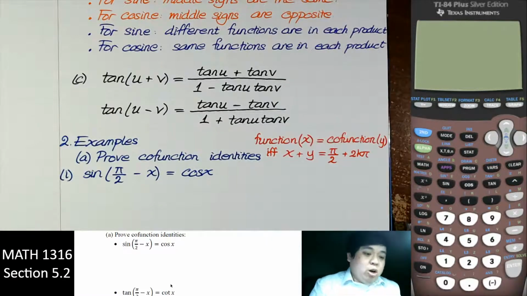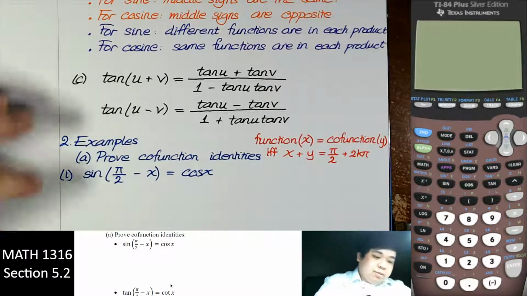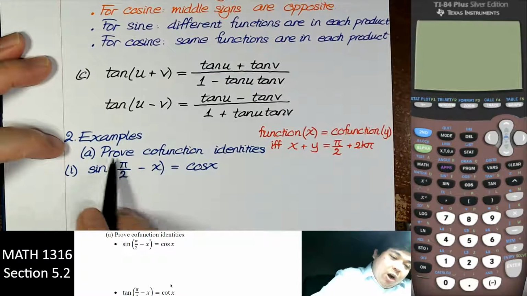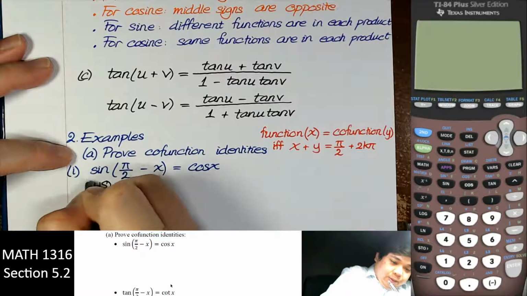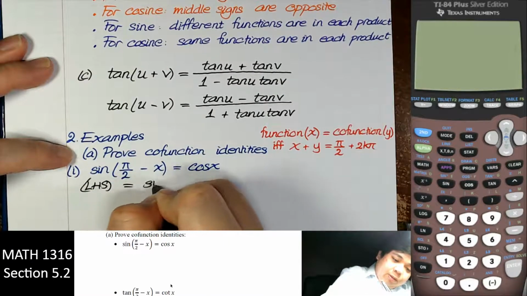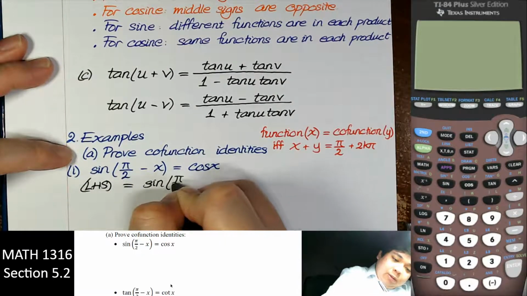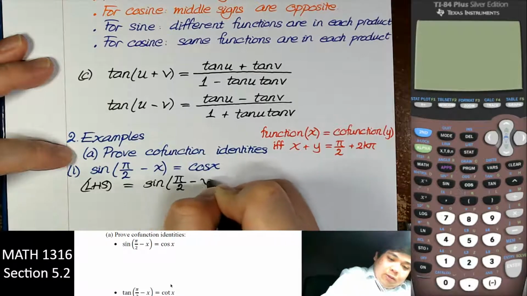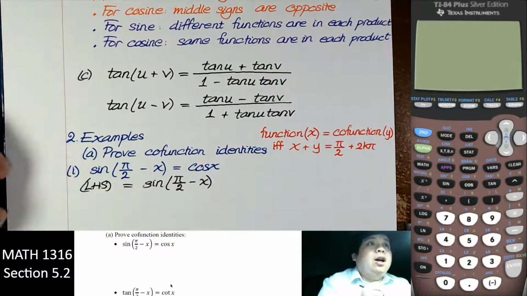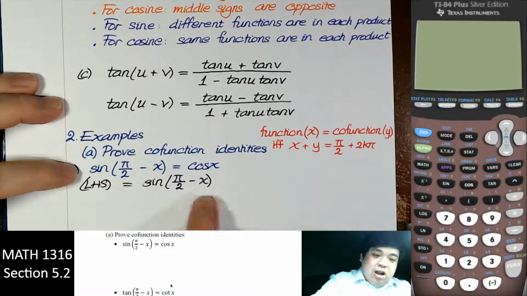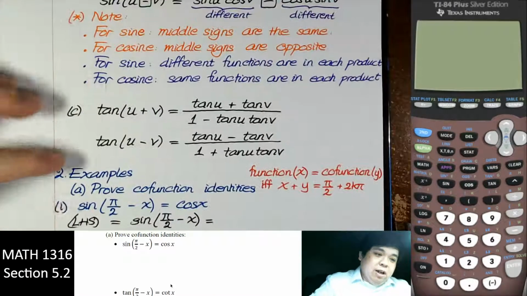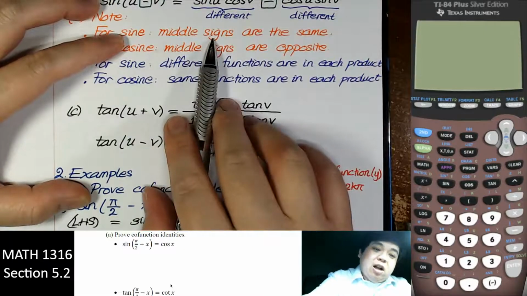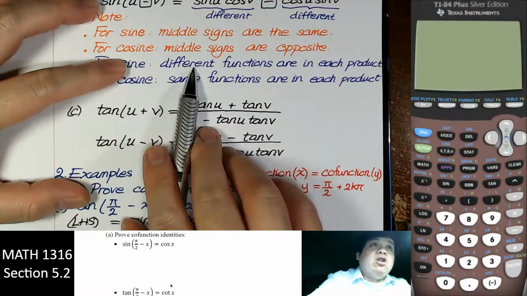Right, now we'll try to prove it. So I will start with this left hand side here. Right, now for sine of a difference, for sine, the middle signs are the same and the functions are different.